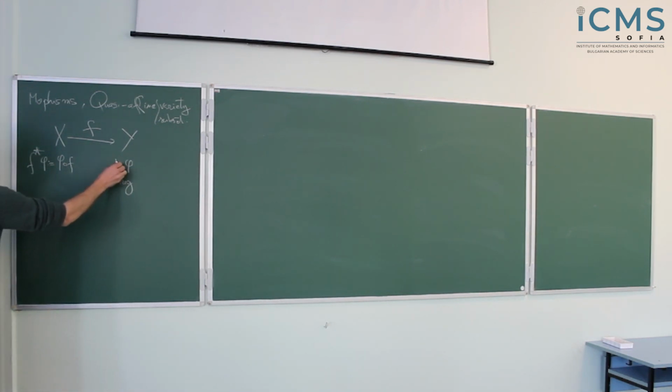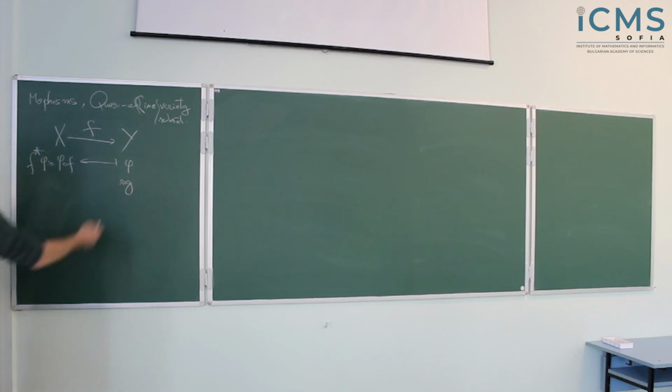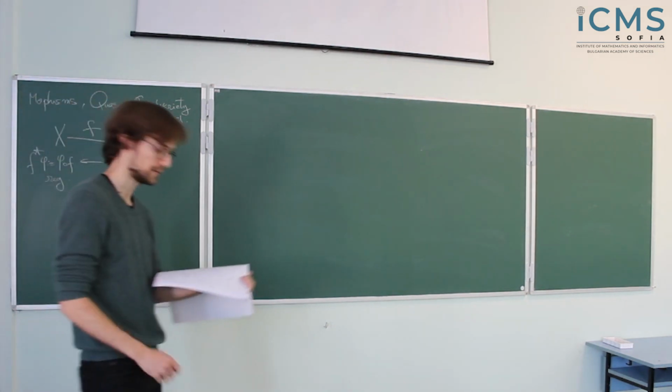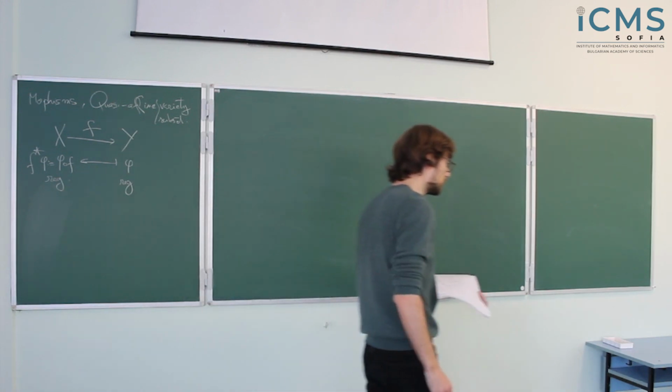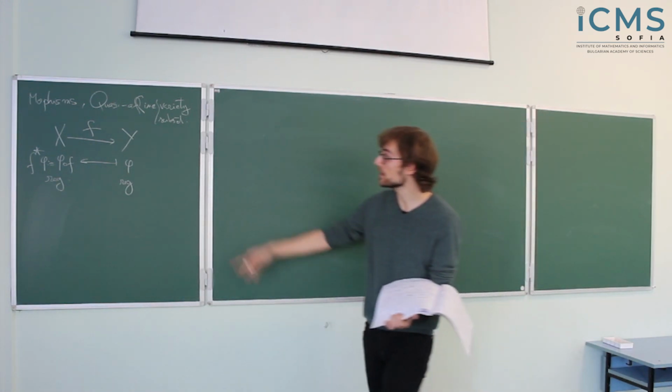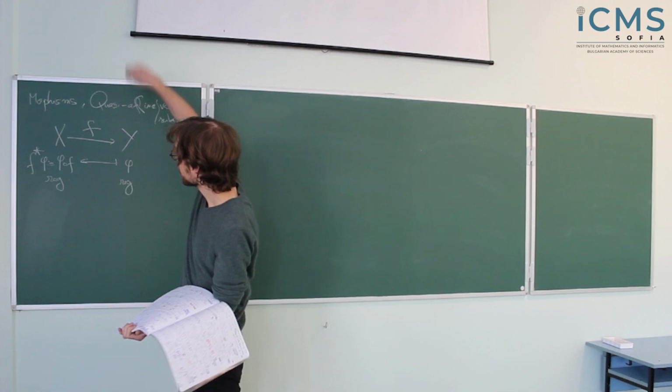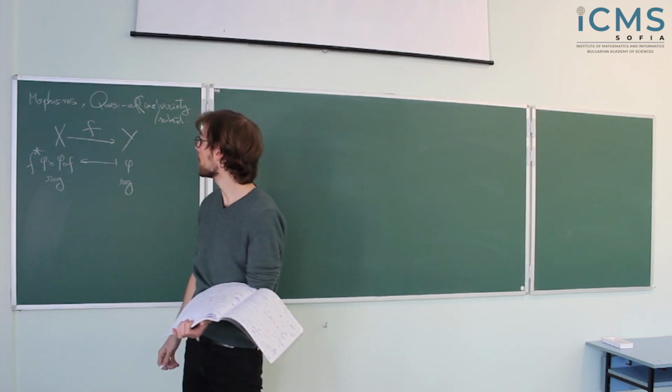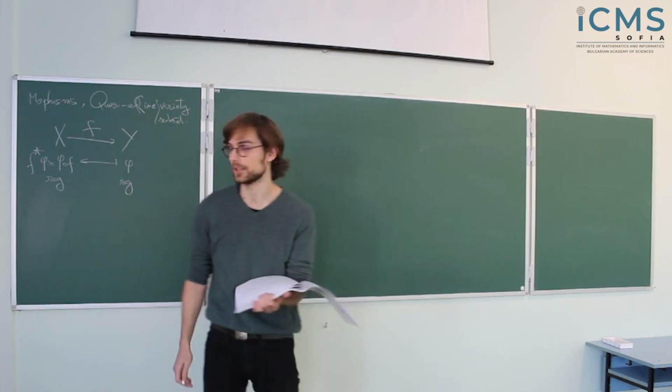And the idea was to say that if we take a regular function and we can pull it back to a regular function, then this will be a morphism. It amounted to saying that if we consider coordinates inside an affine n-space, f was given by polynomial functions, basically.